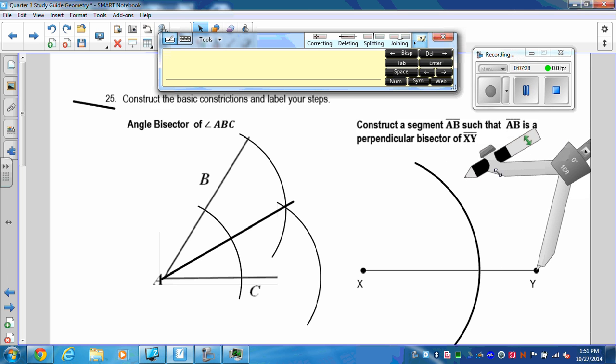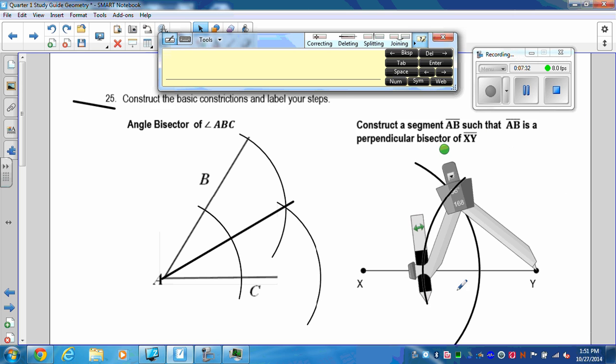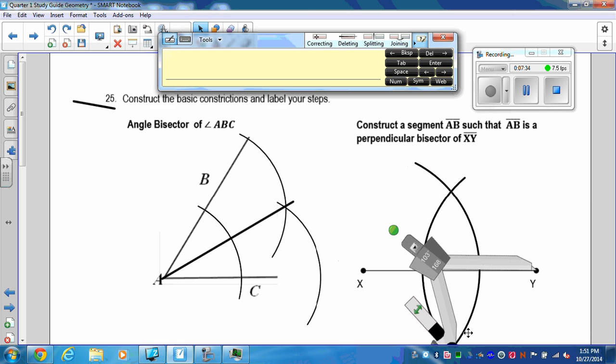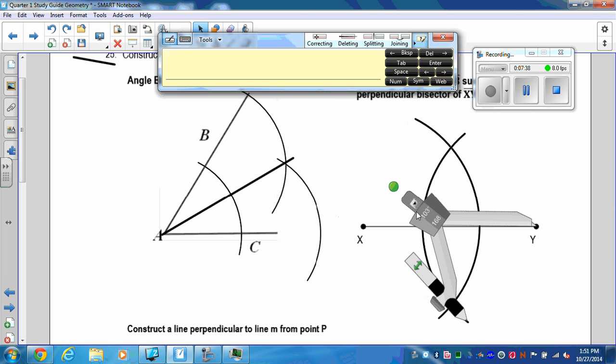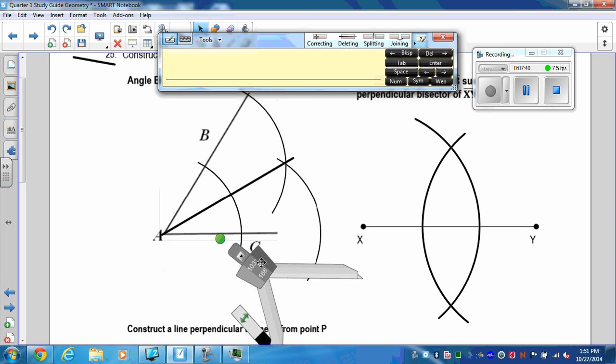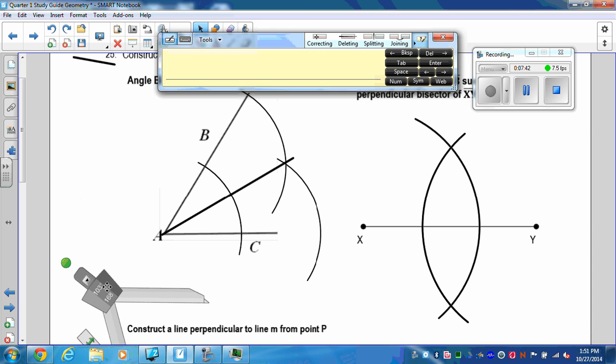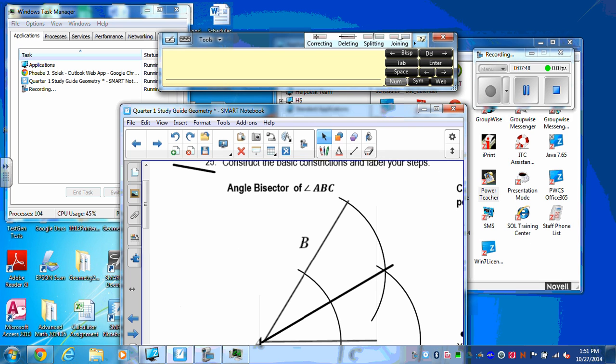So now I'm going to use my compass and mark this, just so you can see. I'm going to move that down. I'm going to move my compass out of the way. And now I want to grab my line tool, which is hiding under there. There's my line tool.